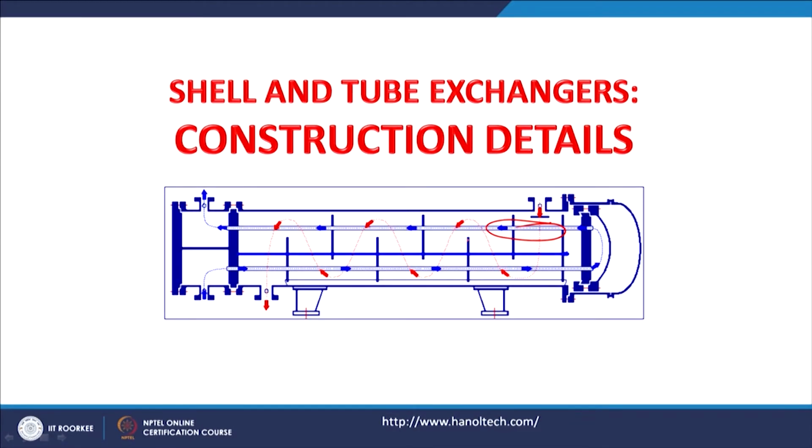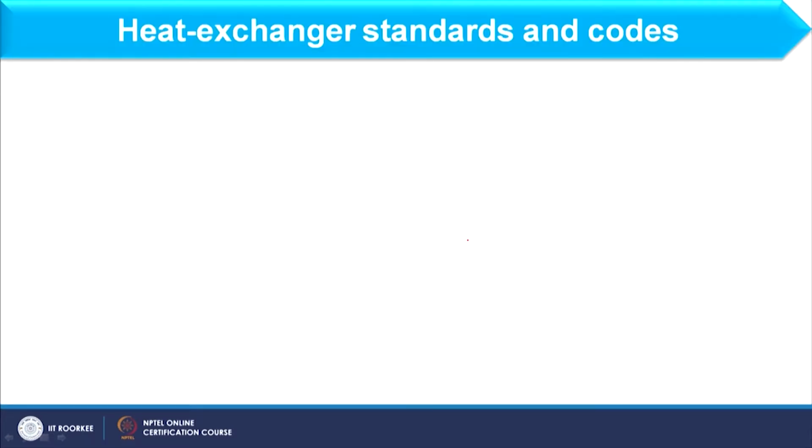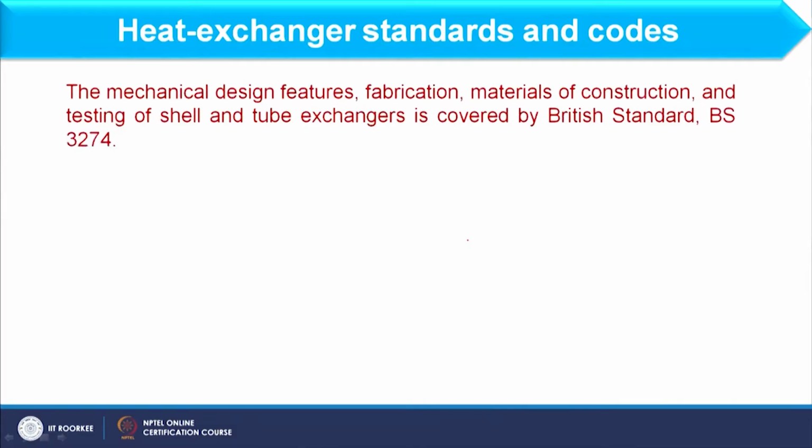But before starting that, we will briefly discuss the heat exchanger standards and codes which are available, and this we have also discussed in the last lecture, that we have some standards depending upon different countries. As far as these codes are concerned, these are specifically used for mechanical design.